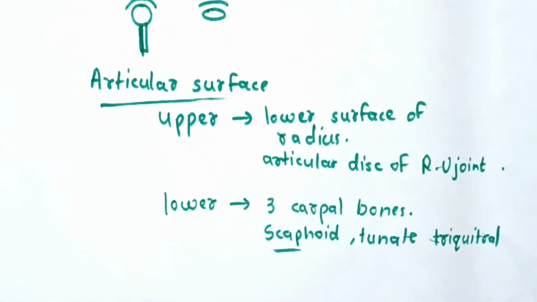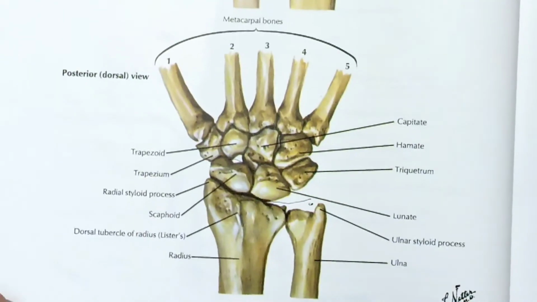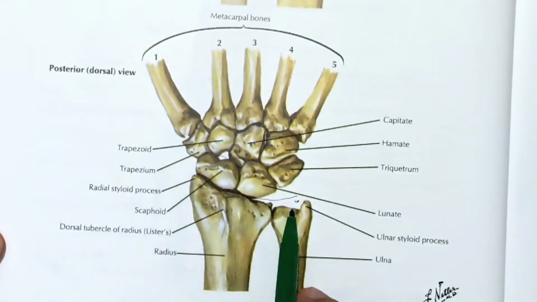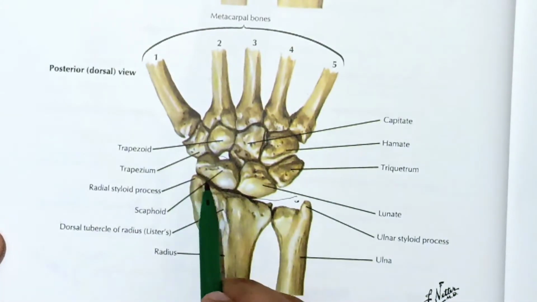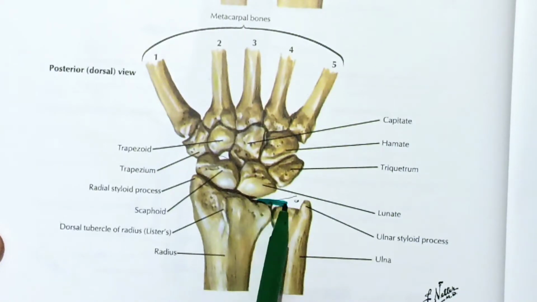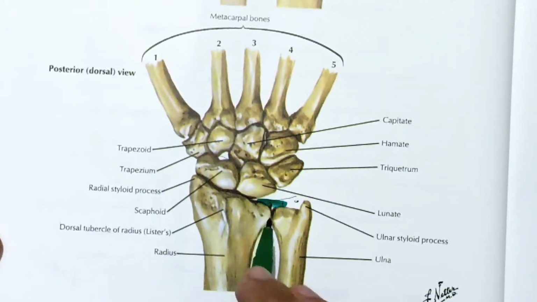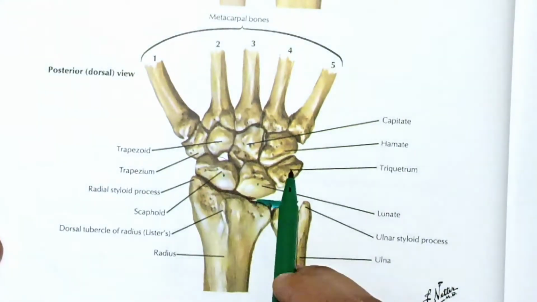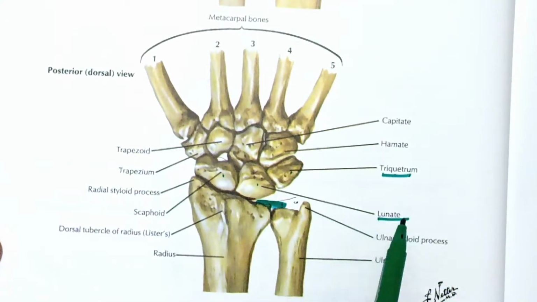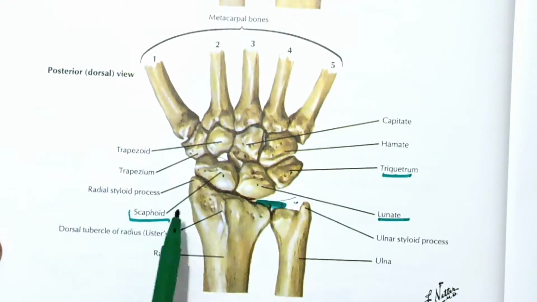Now here in this diagram you can see the wrist joint. You can clearly see that the ulna is not participating, only the radius is participating, and the articular disc of this inferior radio-ulnar joint is participating in the formation. And then these three bones, mainly this one is the triquetral, this one is lunate, and this one is the scaphoid bone.